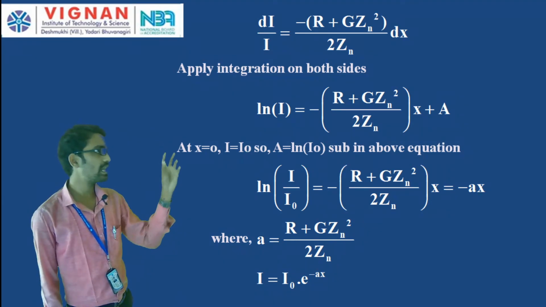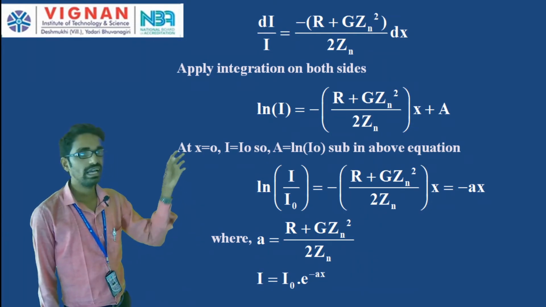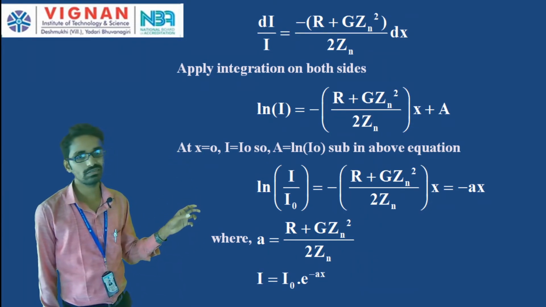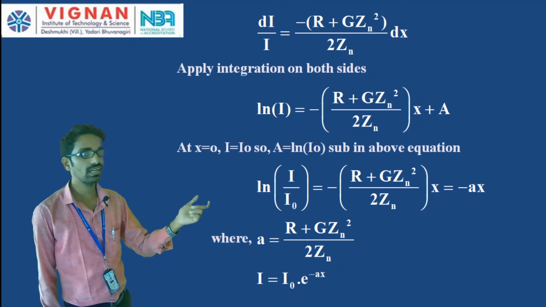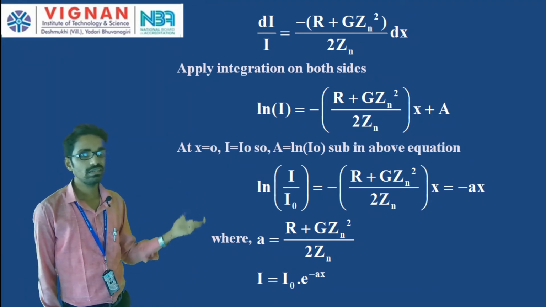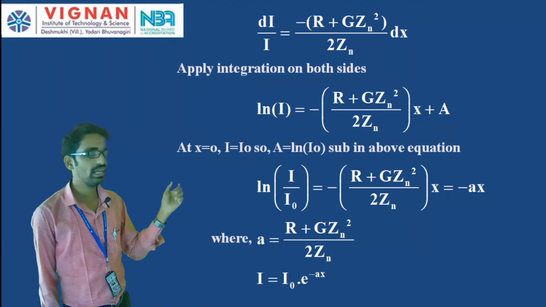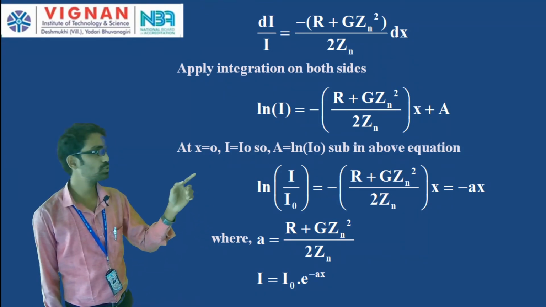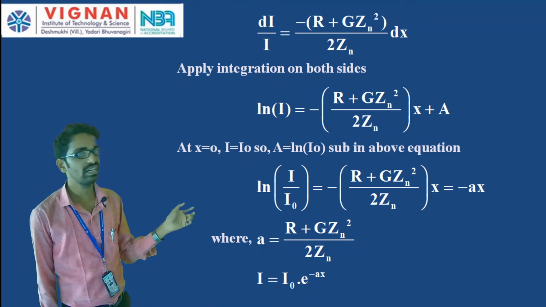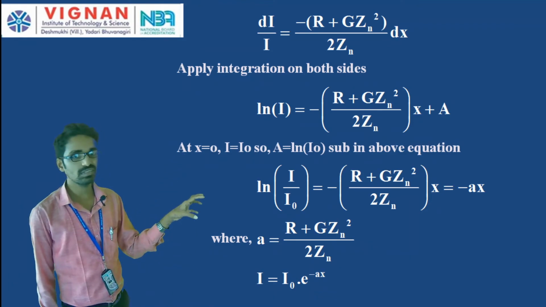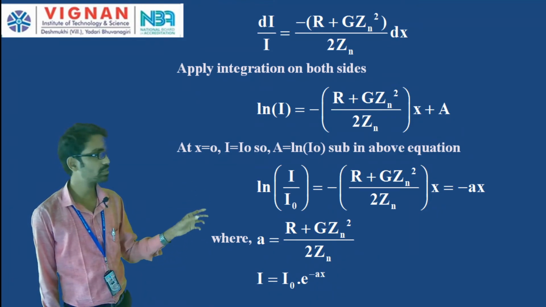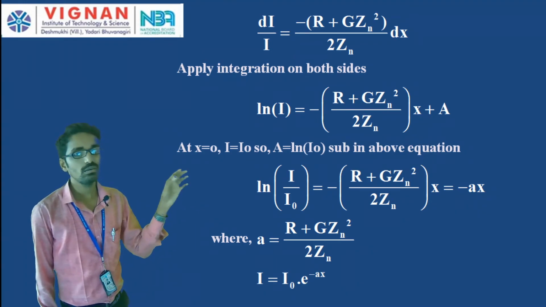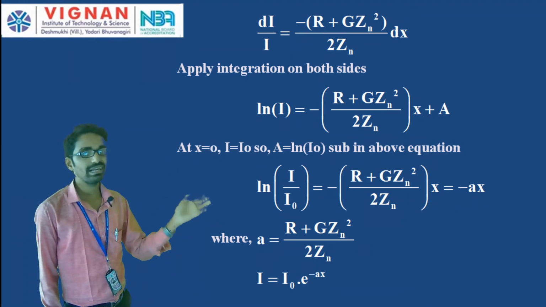If I bring that ln of I0 to the left hand side, ln of I minus ln of I0 means ln of I by I0, which equals minus (R plus G) into Zn square by 2 Zn into x. This term, (R plus G) into Zn square by 2 Zn, I am considering as alpha, so you are going to get minus alpha x.